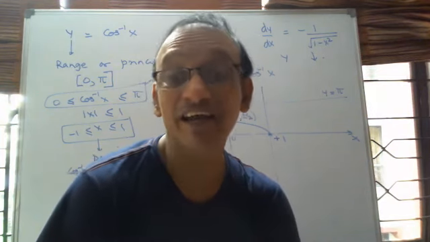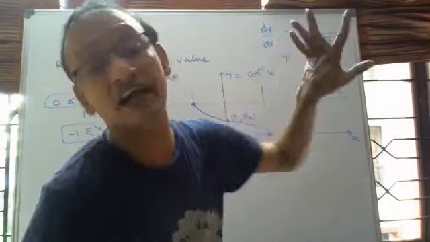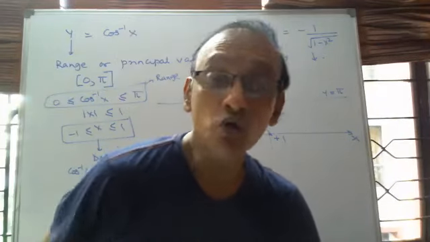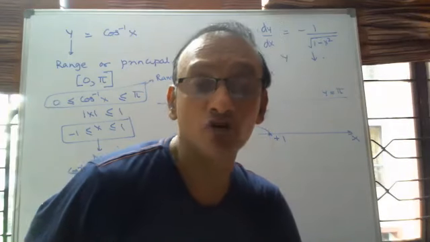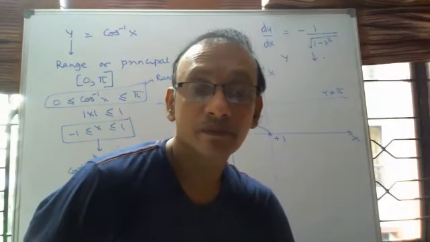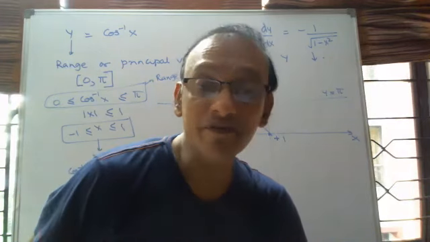Inverse के लिए 1 to 1 bijective होना होता है ना. So it can't be an even function, beta.